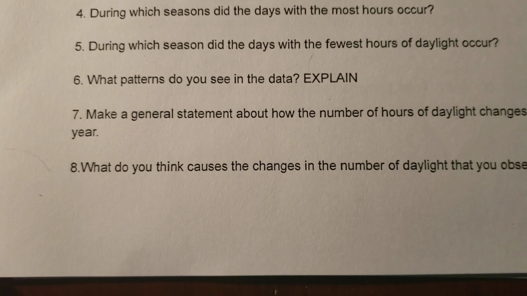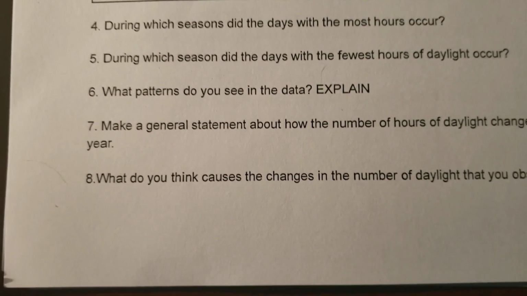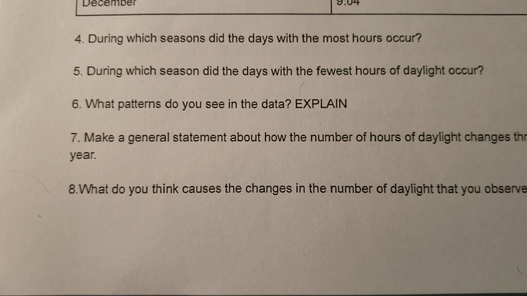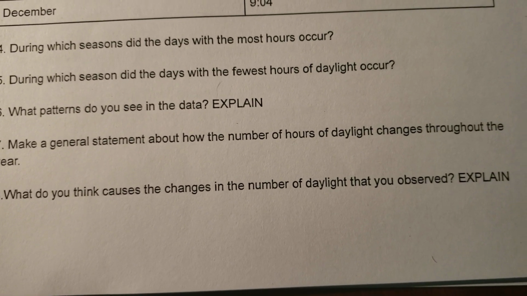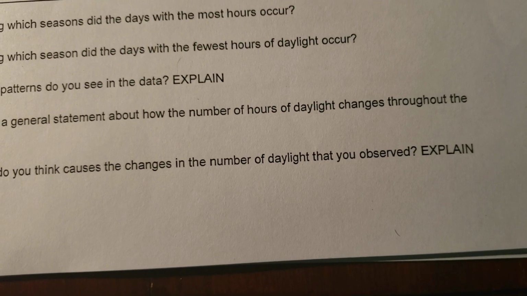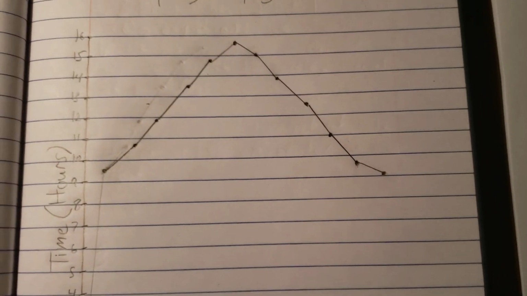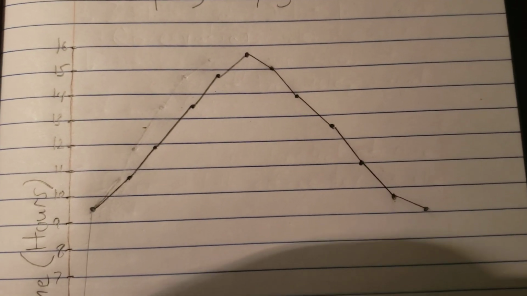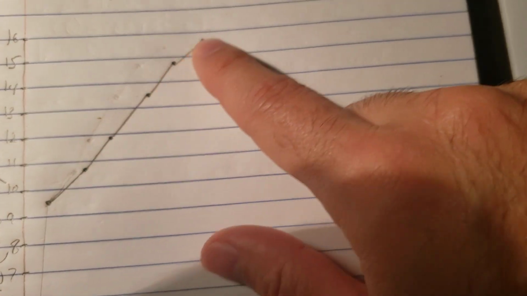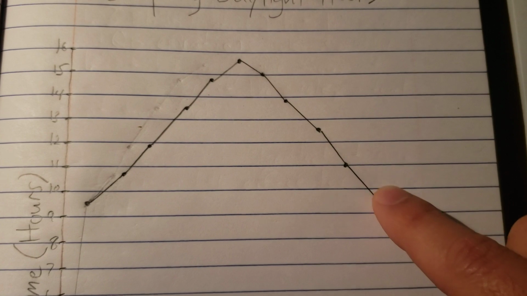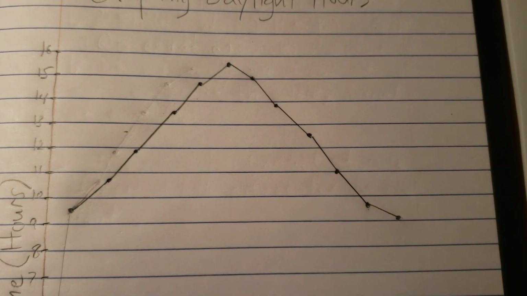And then we have number 8. What do you think causes the changes in the number of daylight that you observed? Explain. So what makes this happen? Why do we have longer daylight hours during some parts of the year, and then we have shorter daylight hours during the last half of the year?